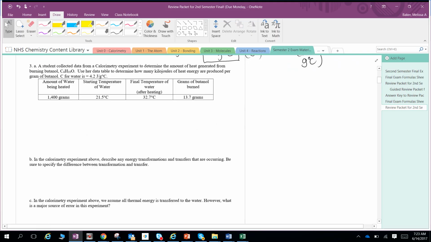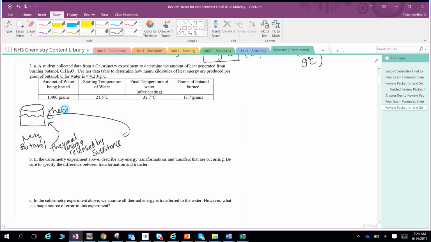Number 3 is all about calorimetry, and I want to remind you that calorimetry is all about burning a substance like a fuel, or like we did in class as well, food, and you make the assumption that the thermal energy released by the substance is equal to the thermal energy gained or absorbed by the water.